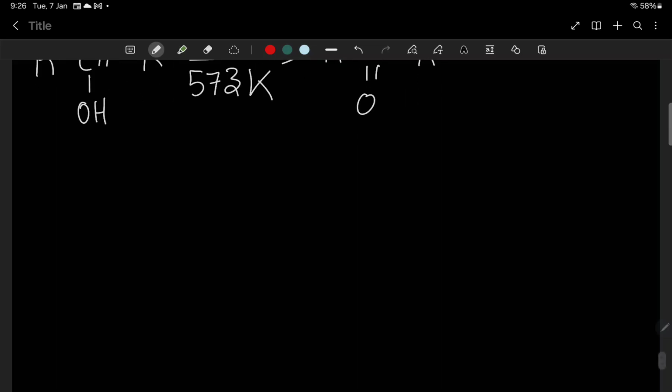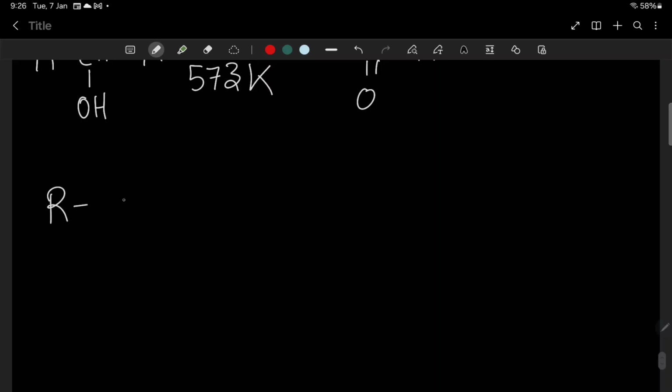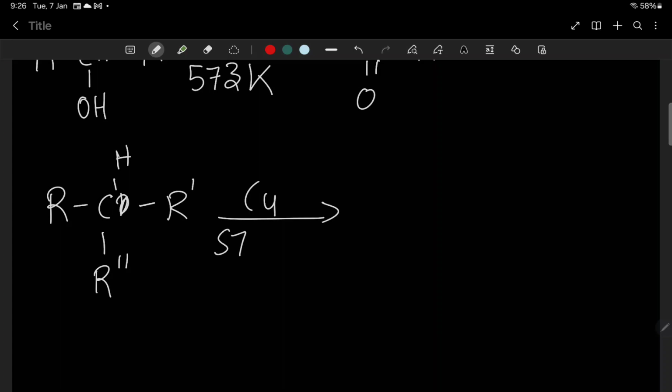We get a ketone. But I want to ask you, if we are taking a tertiary alcohol, R-C(OH)-R' with R'' also, tertiary alcohol, Cu at 573 Kelvin, what happened? Here this hydrogen will be eliminated and a double bond will be formed. It's very important.